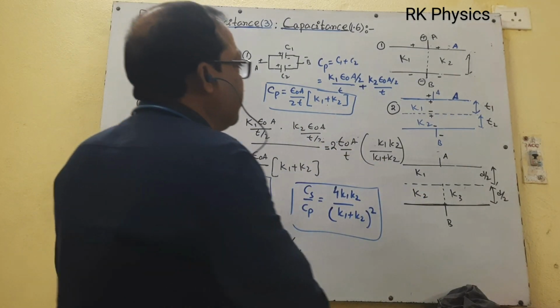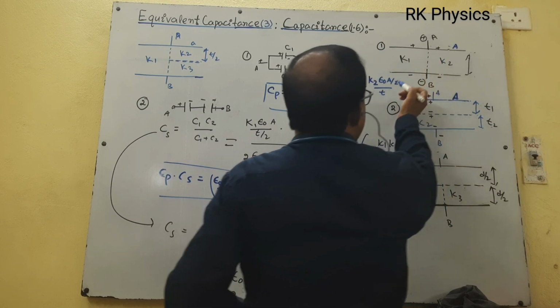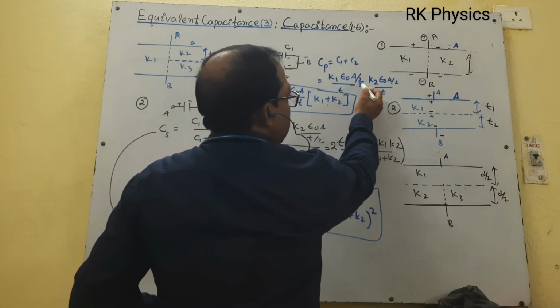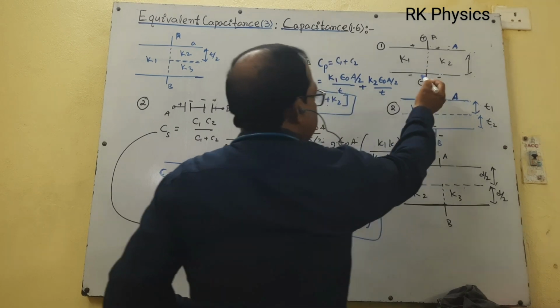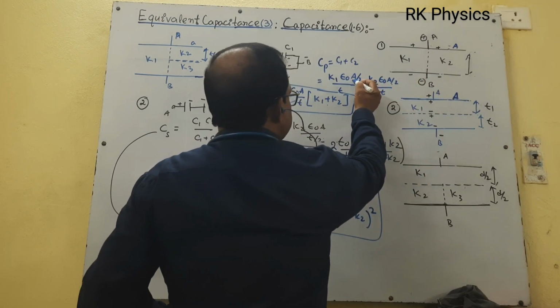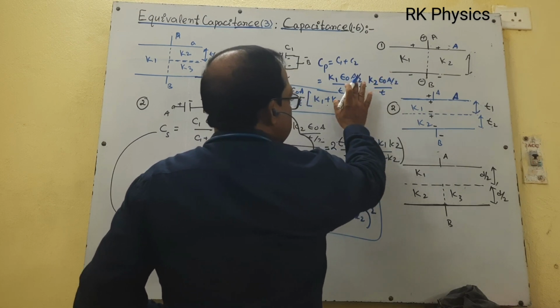Similarly, if the area is divided into two exact halves, I am writing A by 2, A by 2. Suppose this area is 1/3 area, this is 2/3 area. So here you can correct: this is A by 3, this is 2A by 3. That's all.